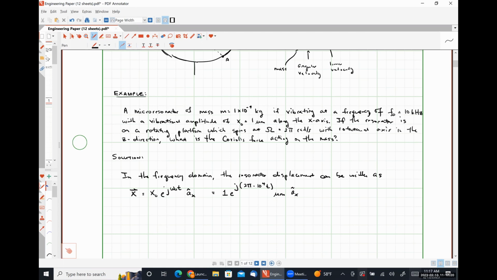Yes. Can't really read the middle term. Displacement can be written as, I can't quite read this part right here. No, in the description. Resonator displacement? Yeah, resonator displacement. Okay. It looks like I equals 50 something.